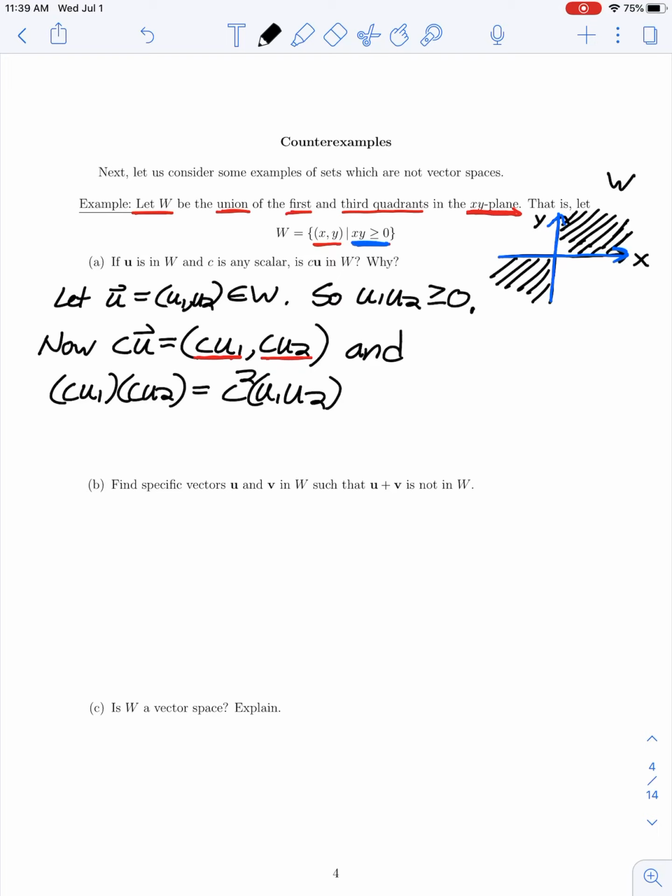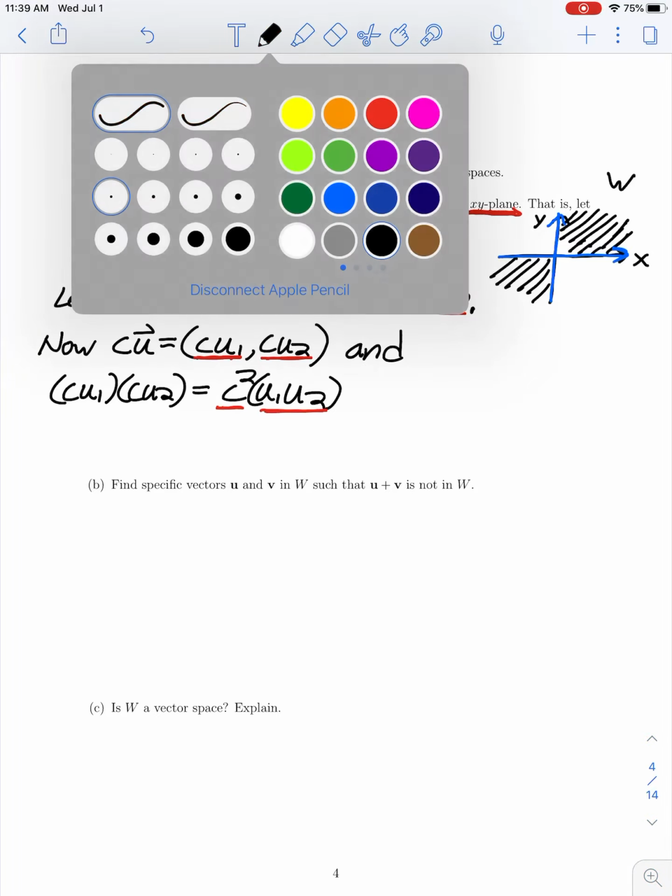We know that the first term, c squared, is always going to be non-negative for any real number c. If you square it, it's at least 0. And the product u1 times u2 had to be non-negative since u was a vector in this space.